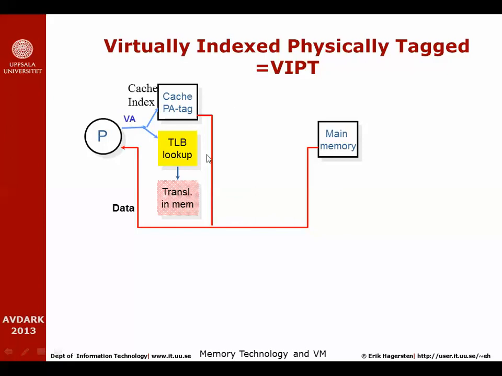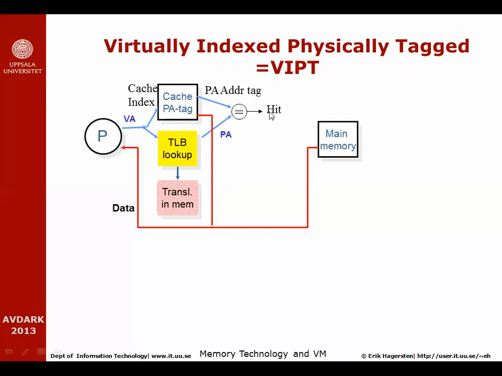At the same time as we access the cache, we also start to do the lookup of the TLB, and we assume that the TLB and the cache have about the same access time. After a while, the address tag comes out from the cache, and about the same time, the physical address comes out of the TLB. That means we can do the comparison at exactly the same point in time as in our previous cache designs.